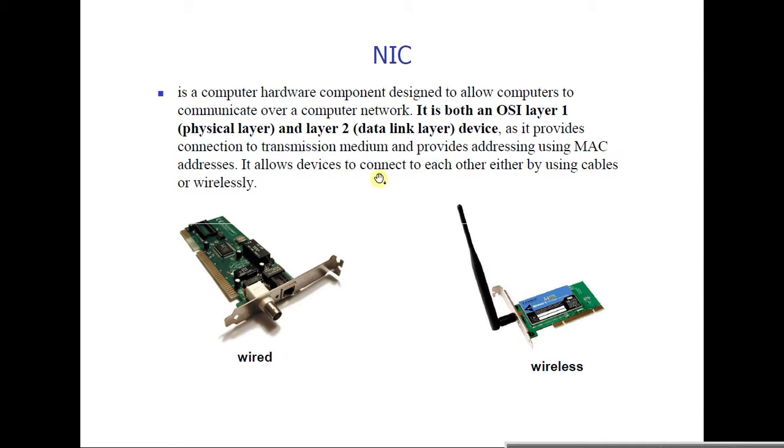So by using a network interface card, which operates on both the physical layer and data link layer, we can connect the devices on the networks or transmission media. It can be both wired and wireless. So these are the network interface cards for wired and wireless media.